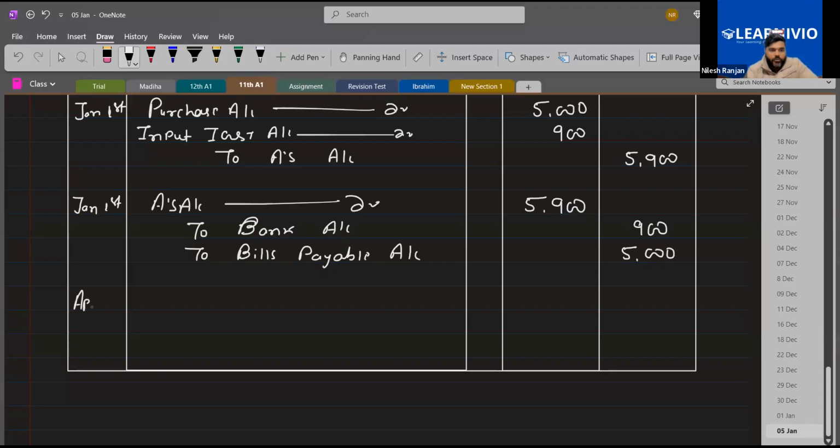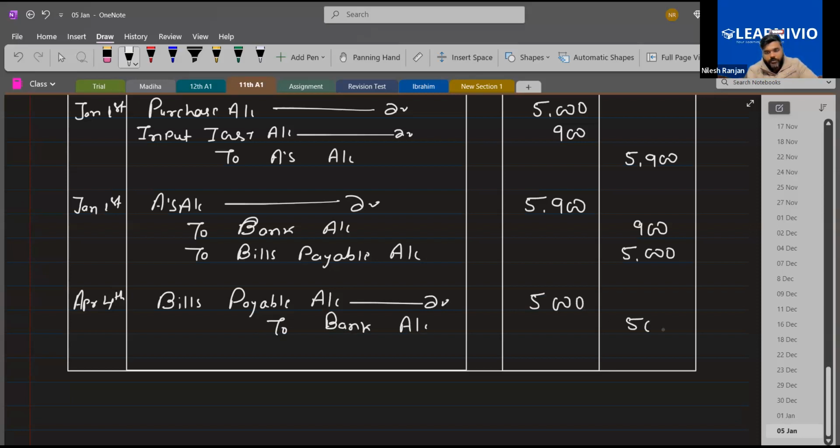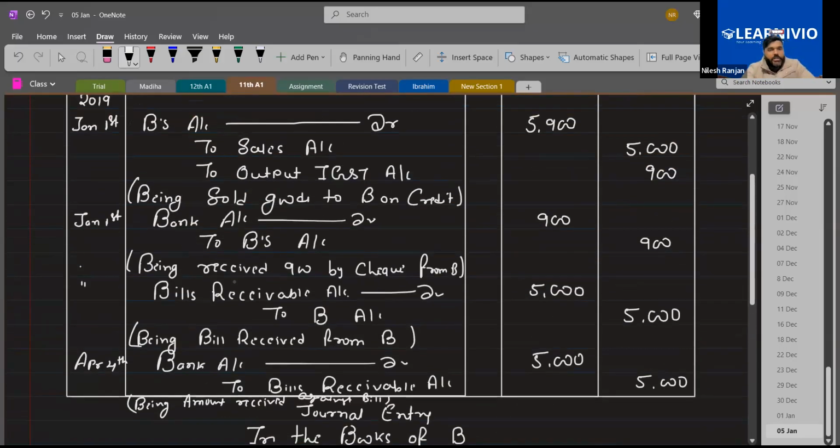On April 4th, the bill is duly paid. So bills payable account debit to bank, 5,000, 5,000.